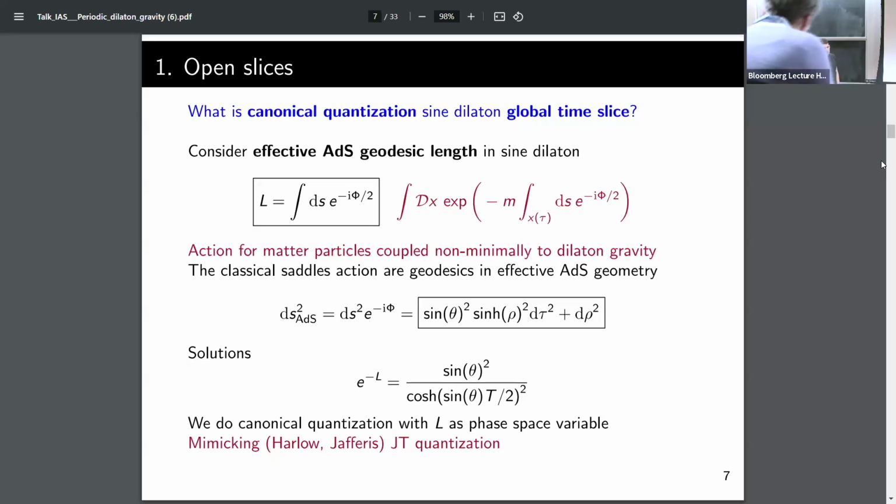In the AdS metric, because the action is this, so we have a variation of the trajectory. The motivation for considering this effective length originally comes from double scaled SYK, because the expectation value of e to the minus delta times this length computes correlation functions in the theory.